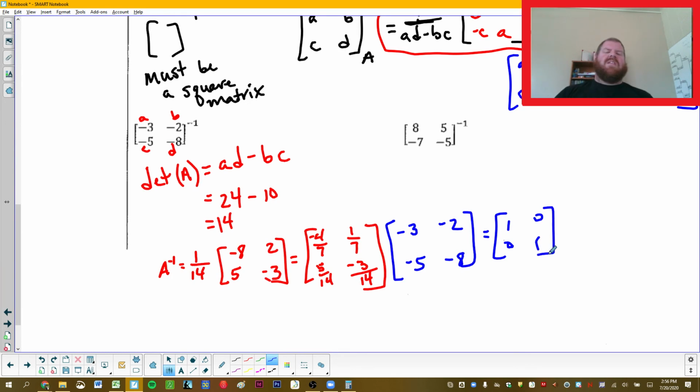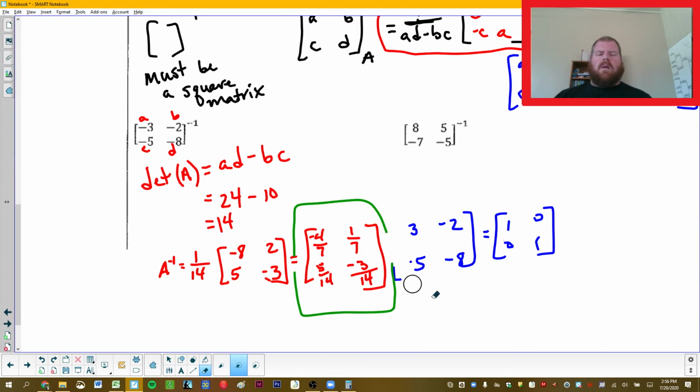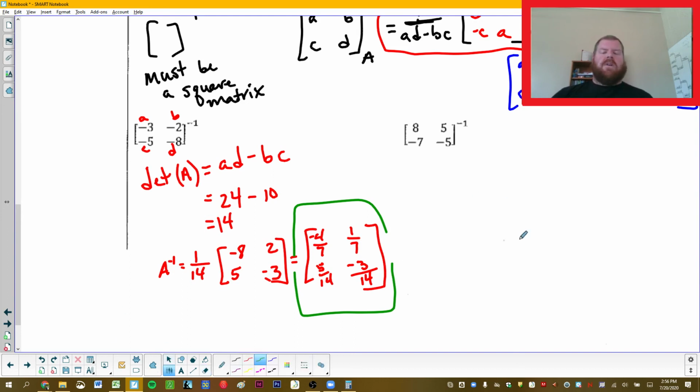So that's the significance: finding this inverse matrix tells me that's the matrix I can multiply by to undo this original matrix. That's pretty significant, and we would use that to solve equations with matrices. If I had to undo multiplying by a matrix, I would have to find its inverse first.